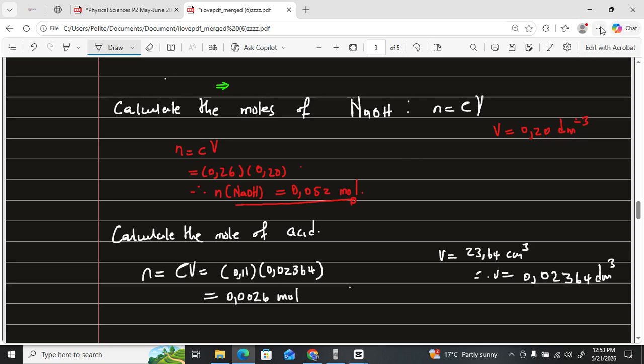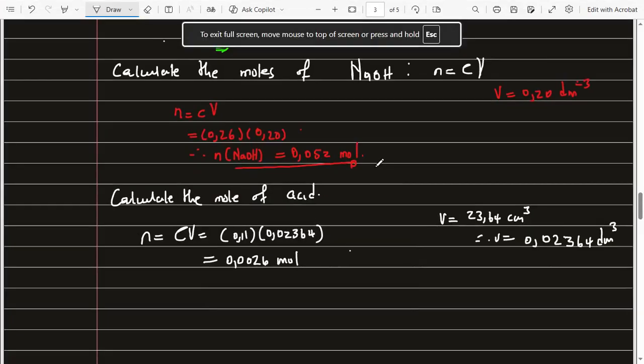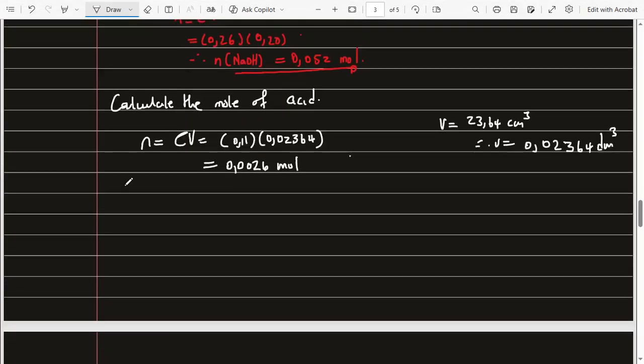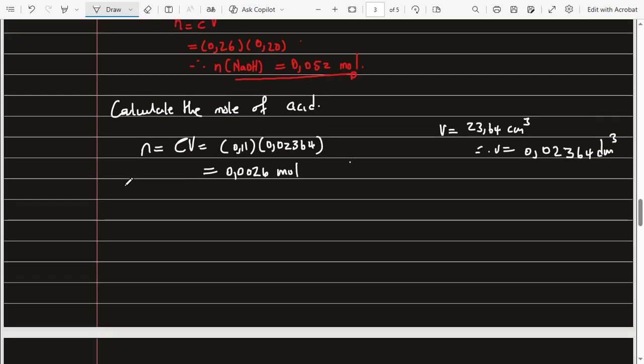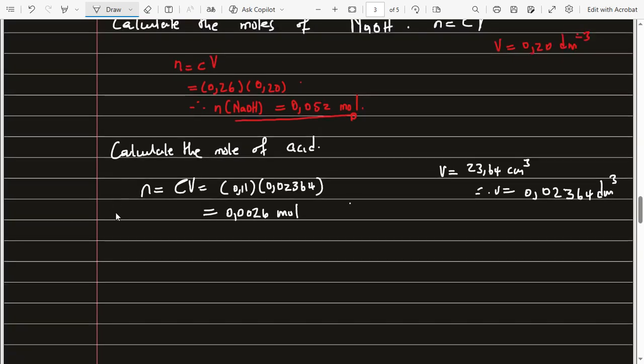Right. So what is this mole for? This mole is for the acid, right? Then let's determine the mole ratio. So we're going to use this to determine the mole ratio. So the mole ratio goes like this. This is going to be the HXY to the sodium hydroxide.